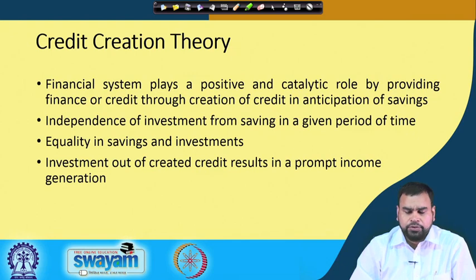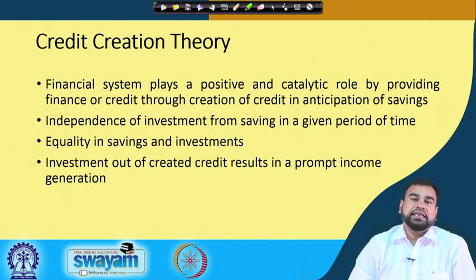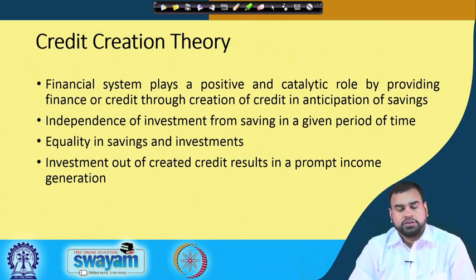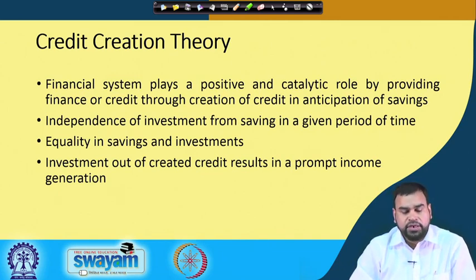This theory does not argue that saving always affects investment only. It tells that even if there is no saving to some extent, the investment can take place, because the financial sector can create the credit. So, that is why this theory argues that there is independence of investment from saving in a given period of time.